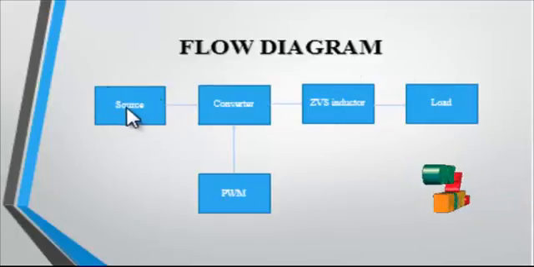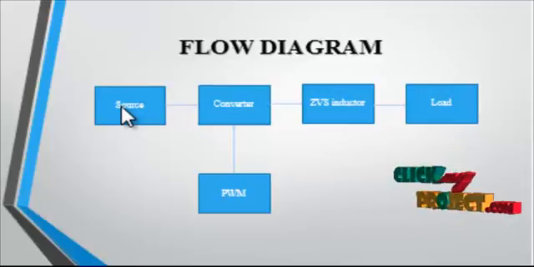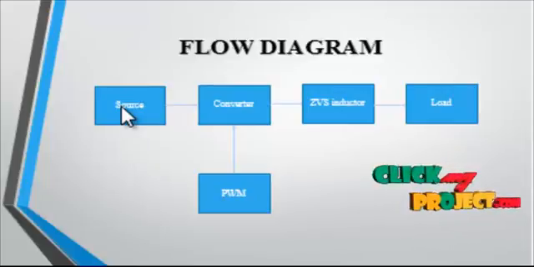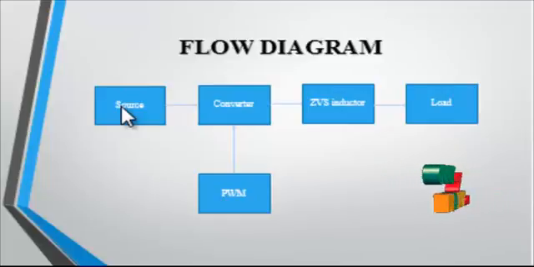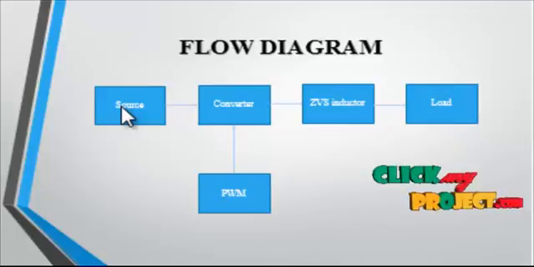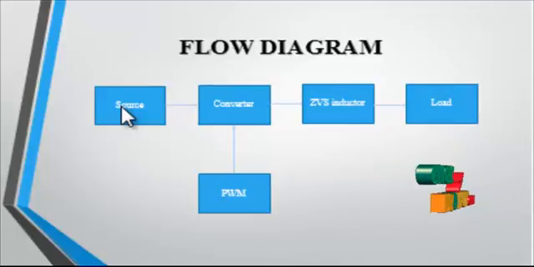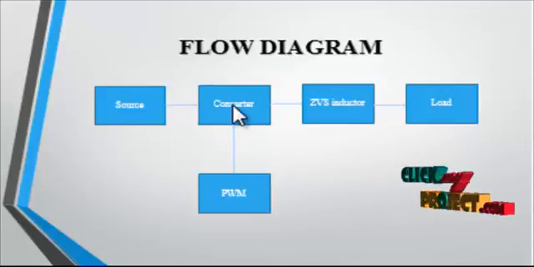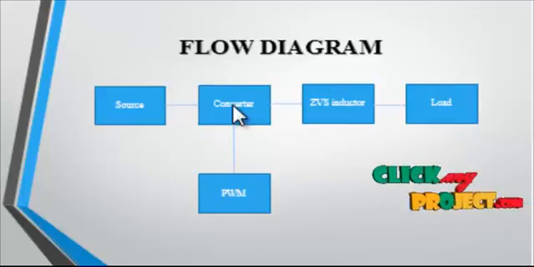This is the source, where we give the input voltage. First we give the DC voltage, for example 68 to 72 volts DC. And then the converter. What type of converter are we using?